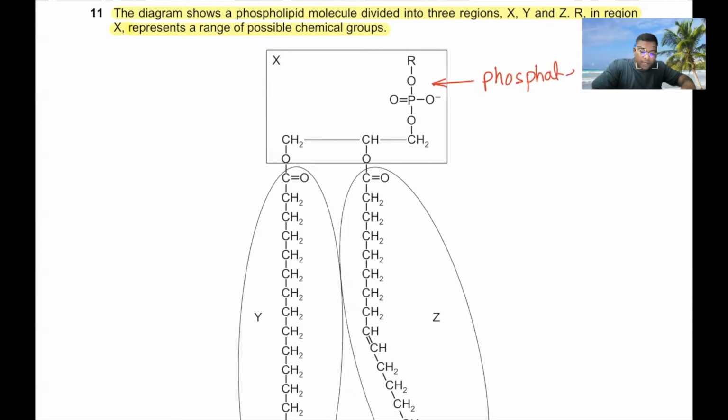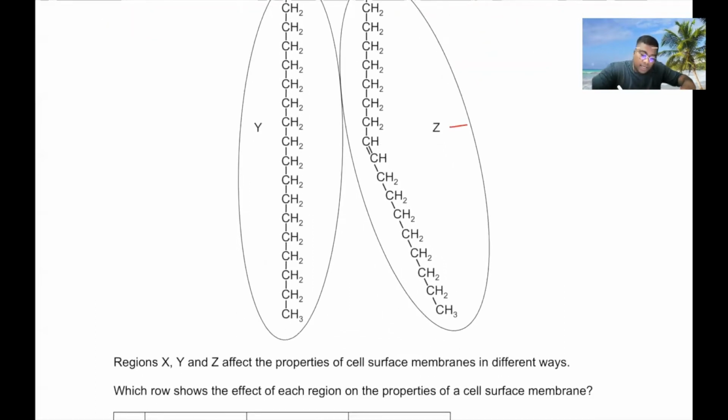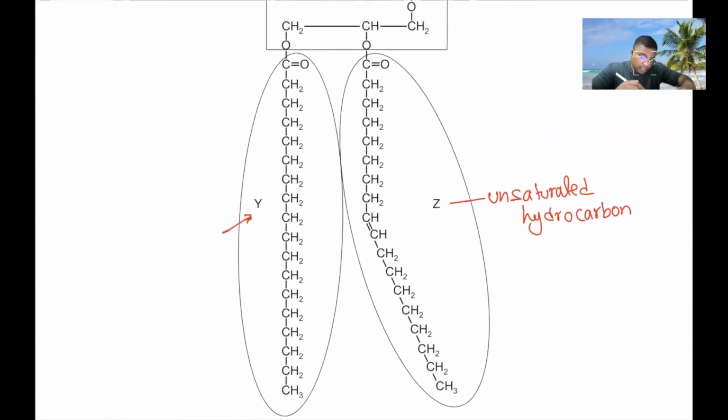Z is an unsaturated hydrocarbon. Unsaturated hydrocarbon prevents close packing. And Y is a saturated hydrocarbon.